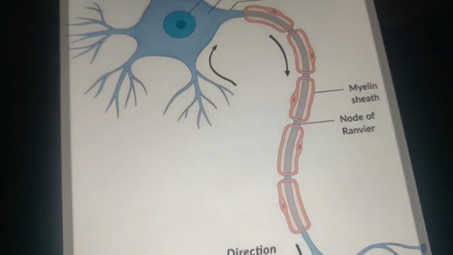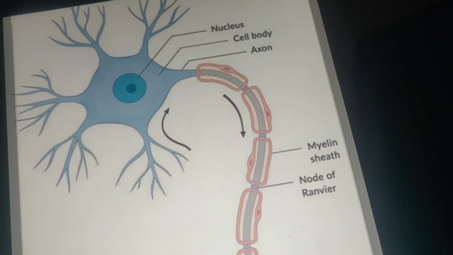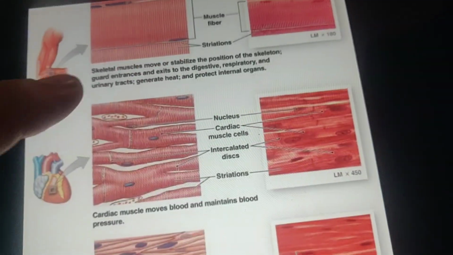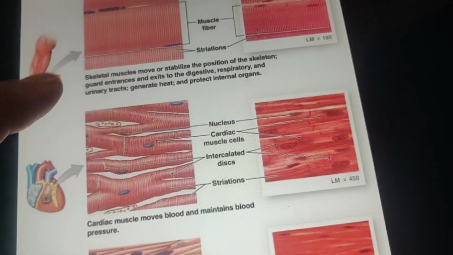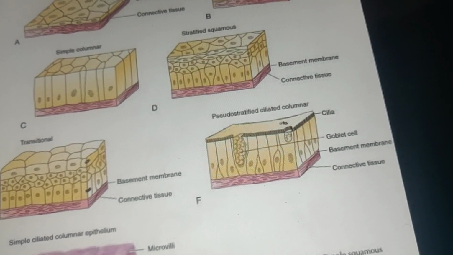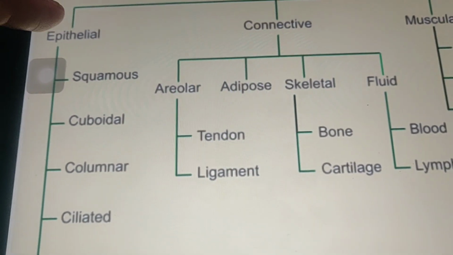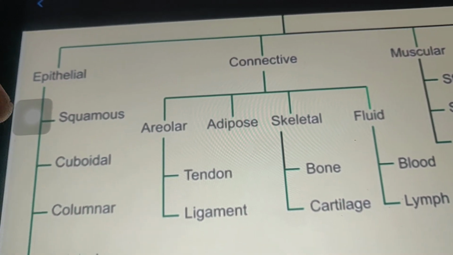Next comes the nervous tissue. I have already told you about the other topics. First we went through the epithelial tissue: squamous, cuboidal, columnar, ciliated columnar.